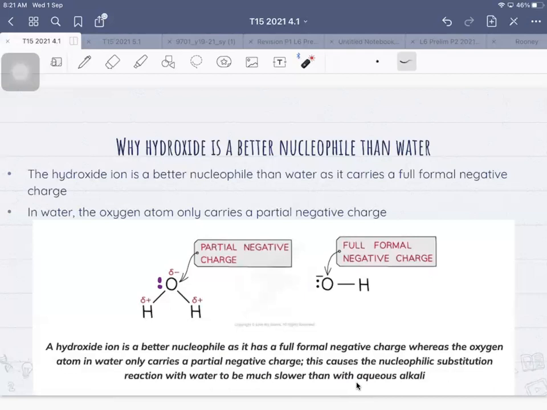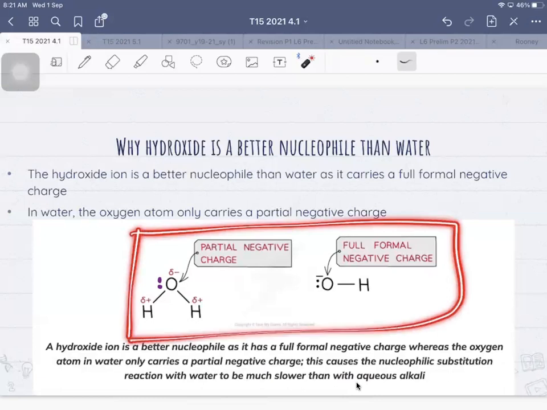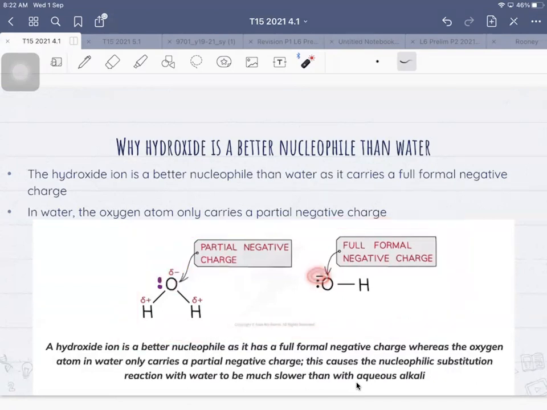All right, so you've got the explanations there. What I want you to copy down is this diagram, just to show you the difference in charges. So I repeat, in water, the oxygen only has a delta minus charge, which is a partial negative charge, whereas in hydroxide, the oxygen has a full negative charge, which is a full minus.